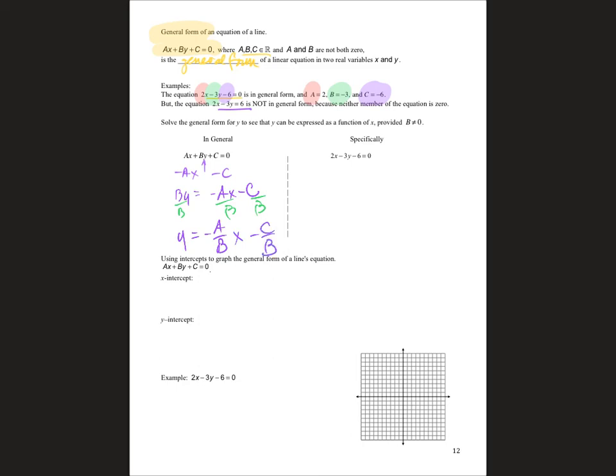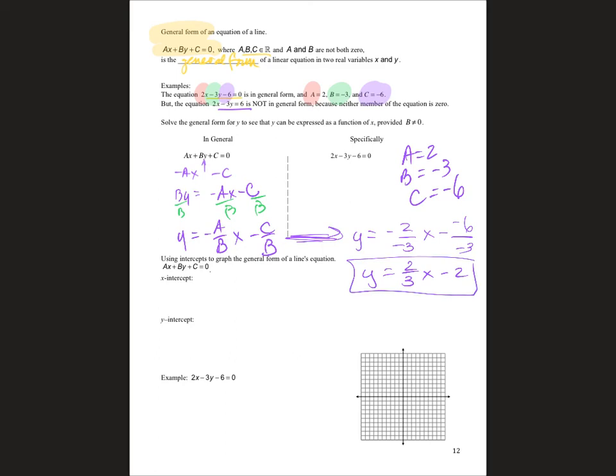And so if I knew this relationship, I could easily identify A, B, and C from this equation and substitute in here and immediately get to this. Simplify, and get it in slope-intercept form. This is just showing you that you can do that. But you could also solve the equation for y.